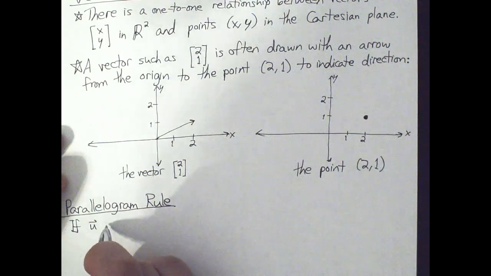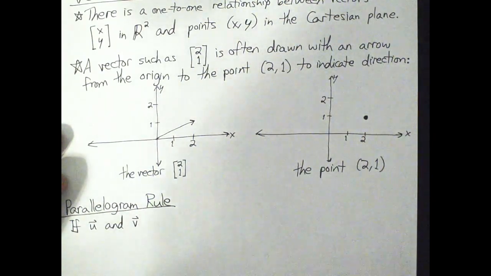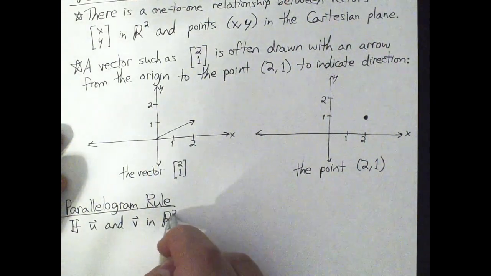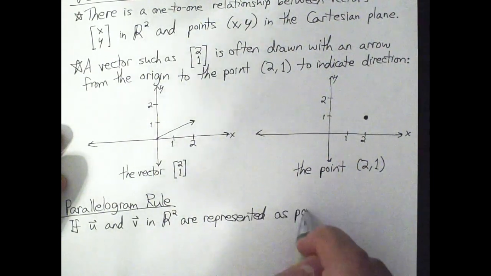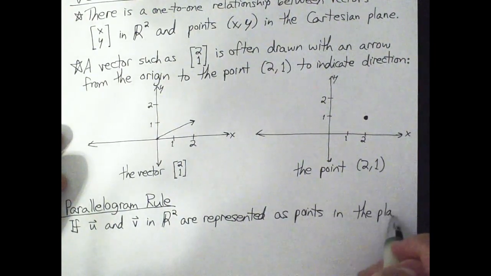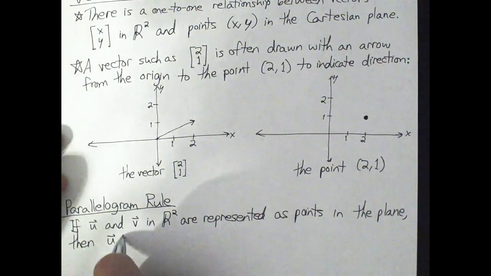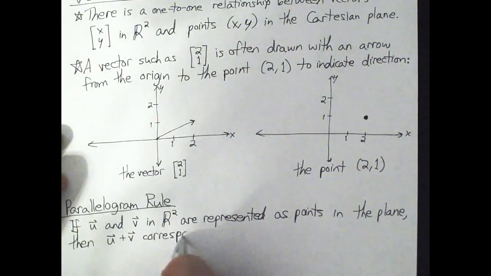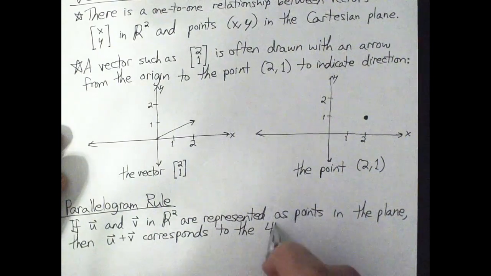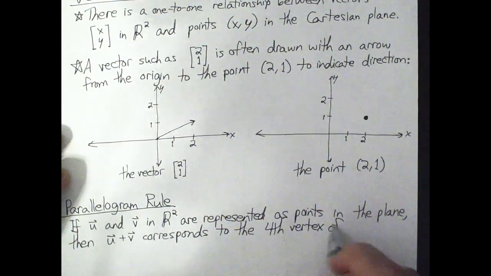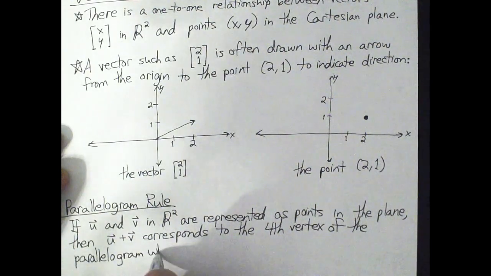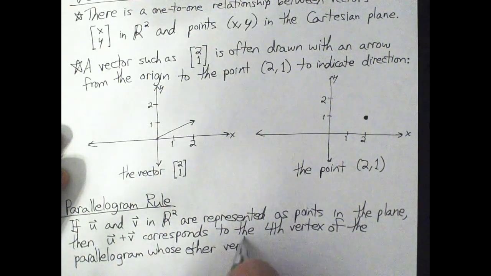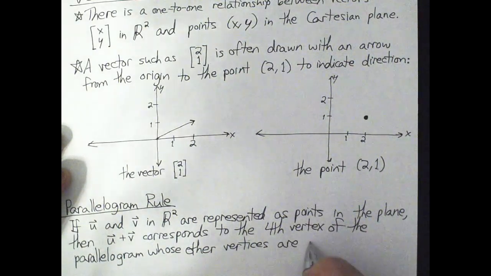So if the vectors u and v, you know these are vectors as soon as I write the symbol above them, if these 2 vectors in R2, so they have 2 entries, are represented as points in the plane, then u plus v corresponds to the fourth vertex of the parallelogram whose other vertices are u, the zero vector, and v.